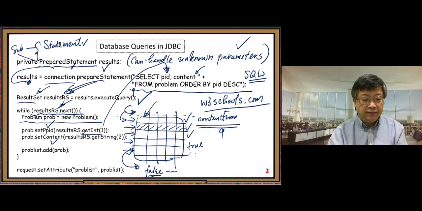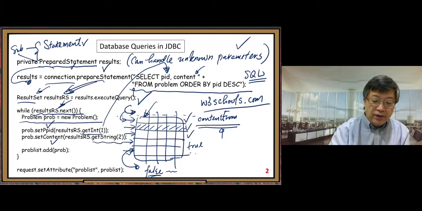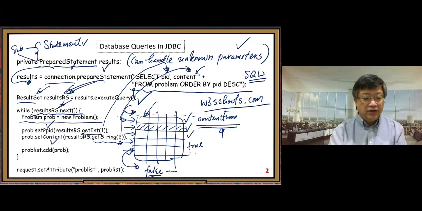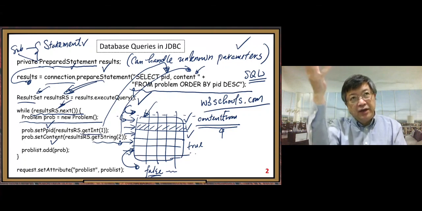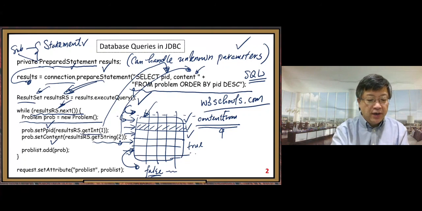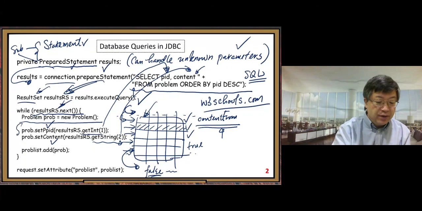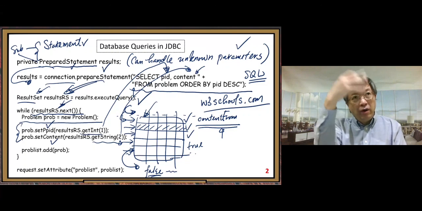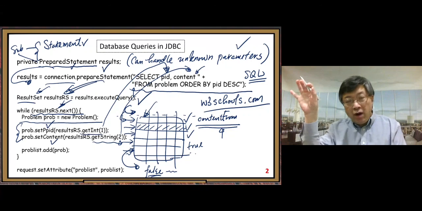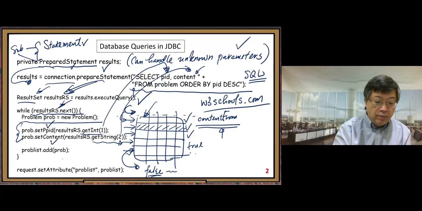Then getString with 2 corresponds to the second field, content. You get the data from the second field, then set it as your Java Bean property.